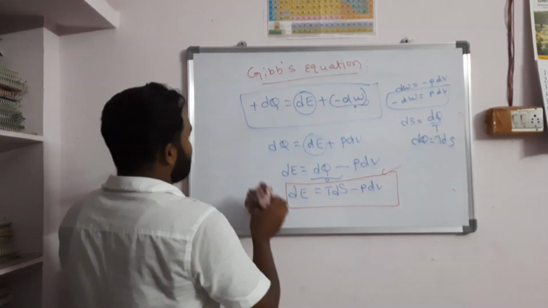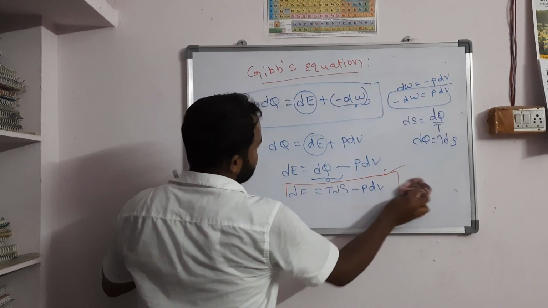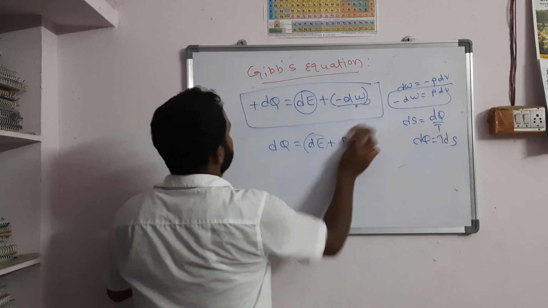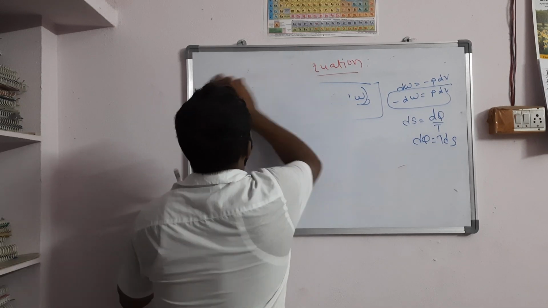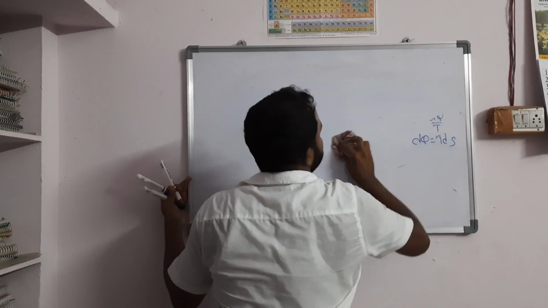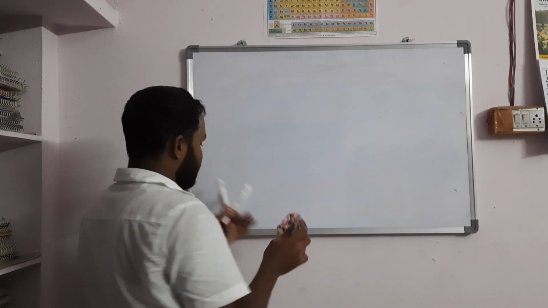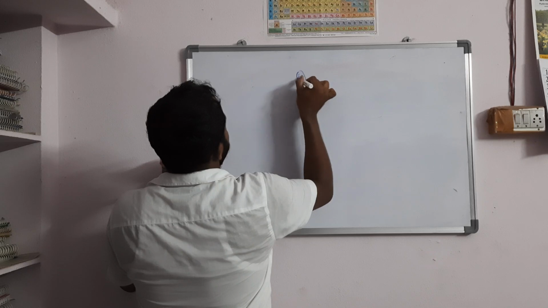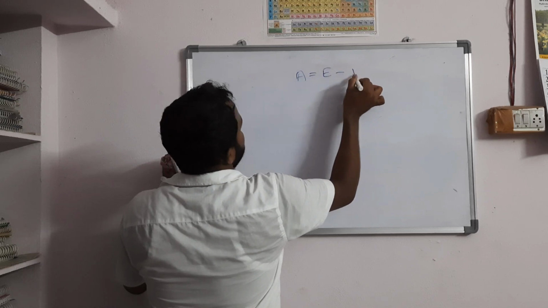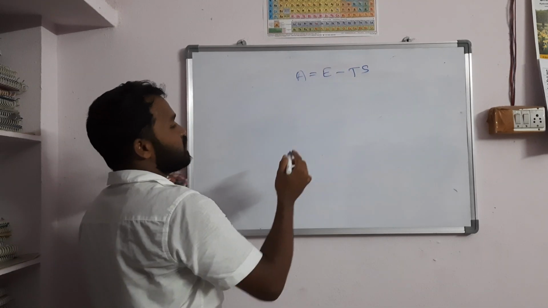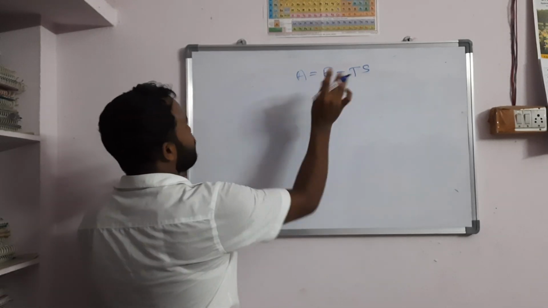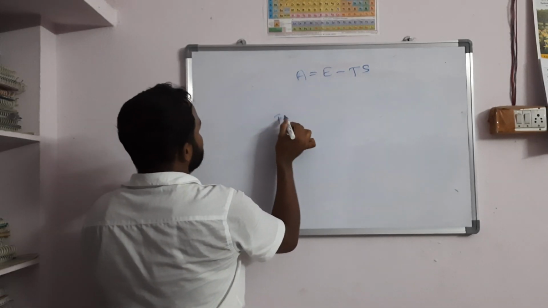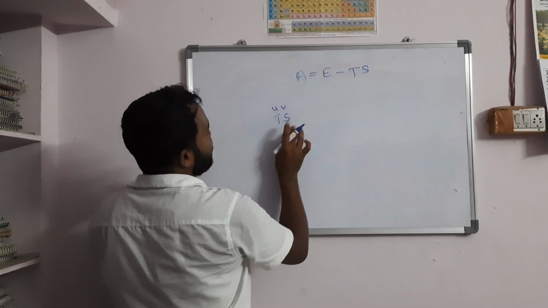Now we will discuss the second Gibbs equation. The second Gibbs equation is A is equal to E minus TS. Before going to this, you need to know the UV formula for differentiation.